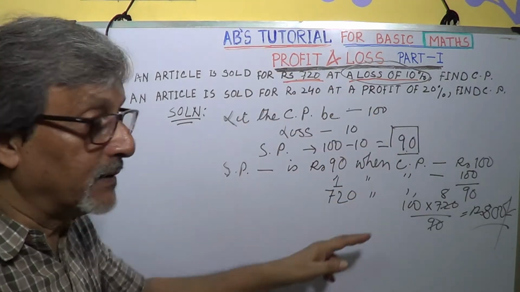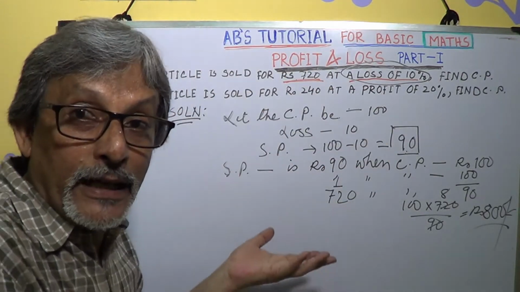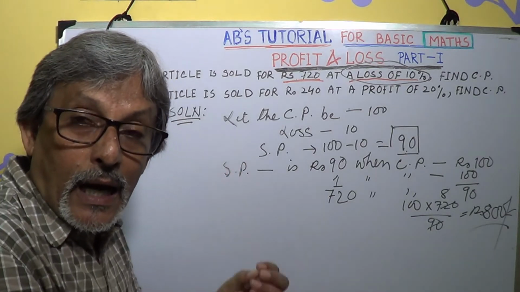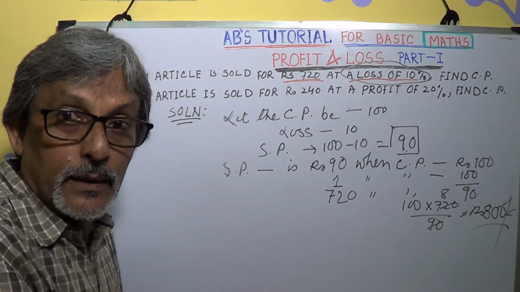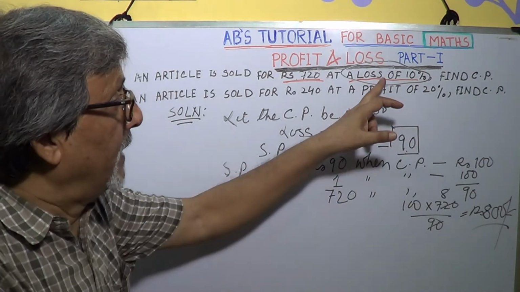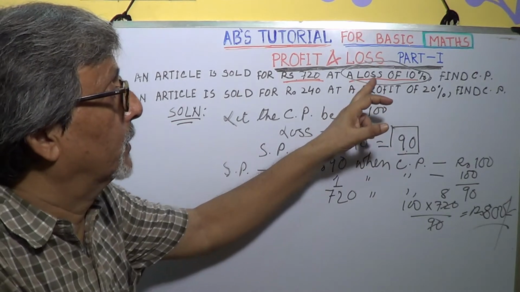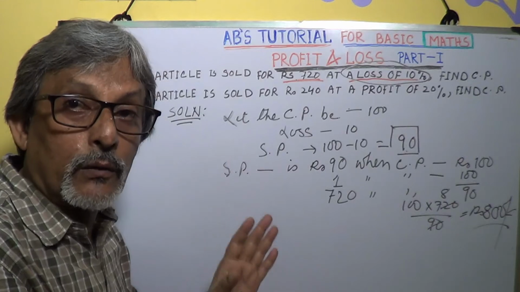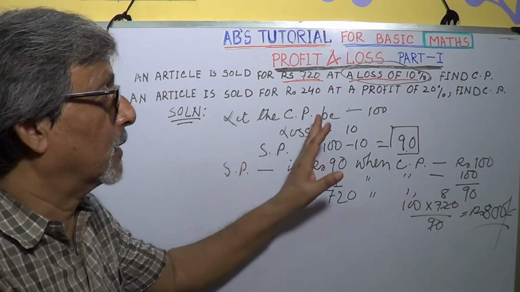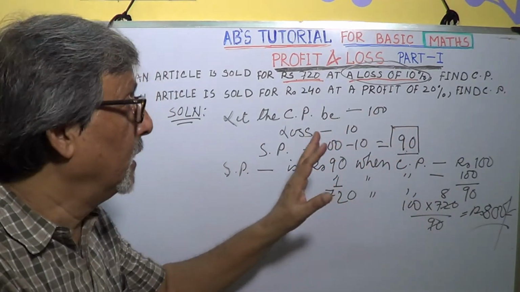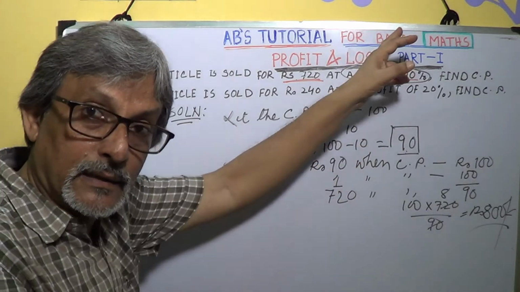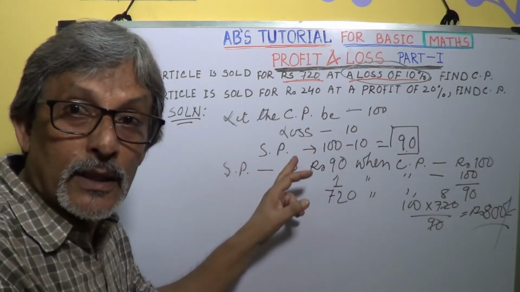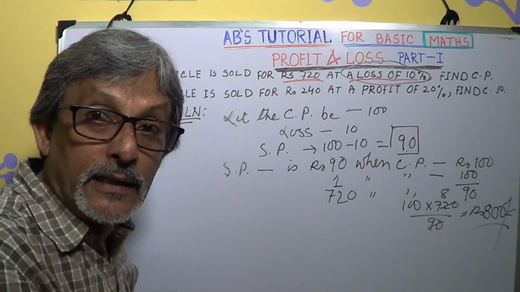So again, let us revise it at the very beginning, as we are in the very beginning of our profit and loss class. Whenever it is said that an article has been sold at a certain percentage of profit or loss, we will at first consider the cost price as rupees 100, and then if it is loss, we will subtract this percentage. Here it is given 10, so we have subtracted rupees 10 from this cost price, and it becomes rupees 90.